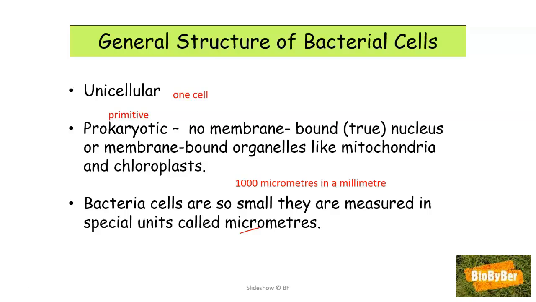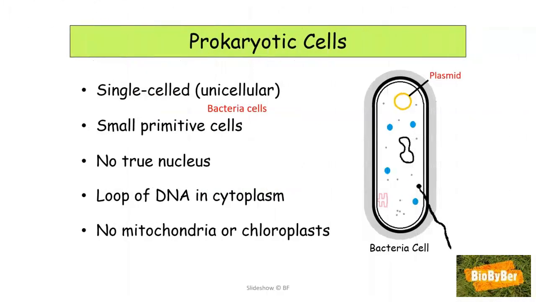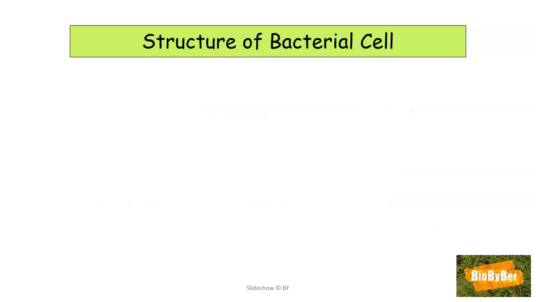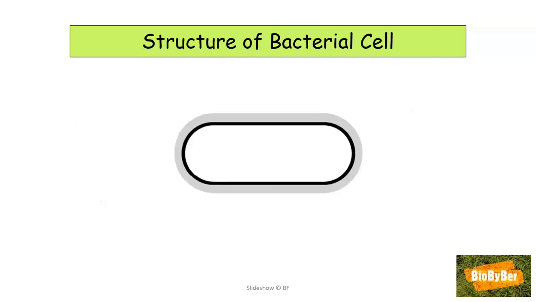This again is reflected in the properties of prokaryotic cells because, as we've already said, prokaryotic cells are small, primitive cells. Now that we are very clear on the fact that bacterial cells are prokaryotic cells, let's look at the structure of a bacterial cell in a little bit more detail.